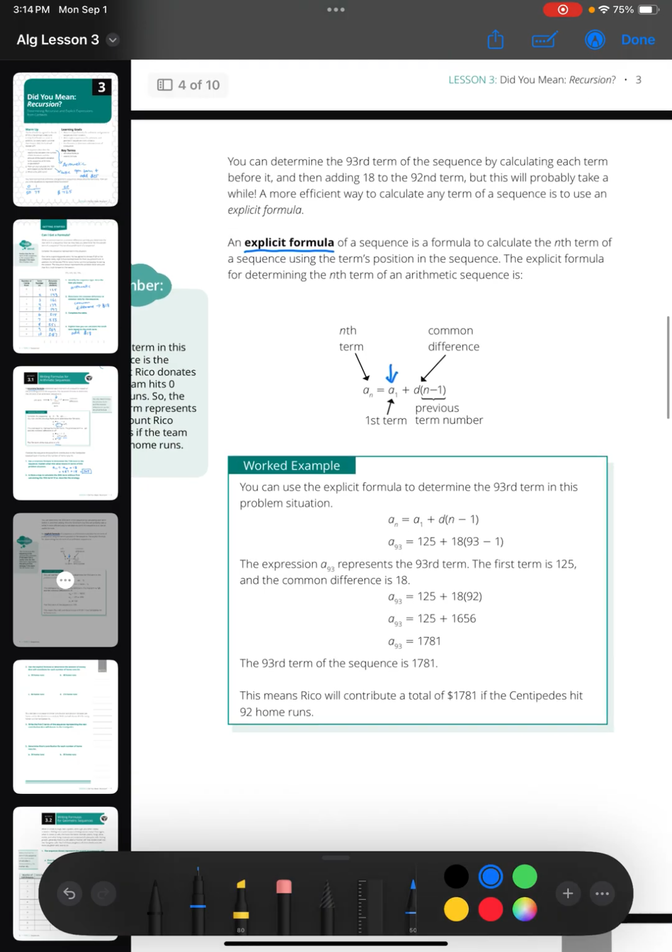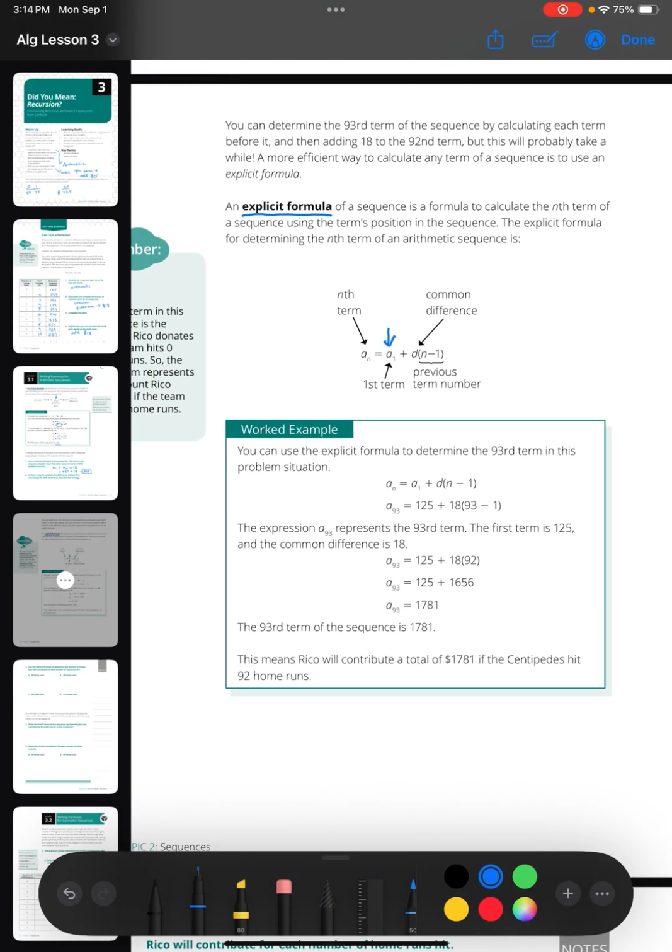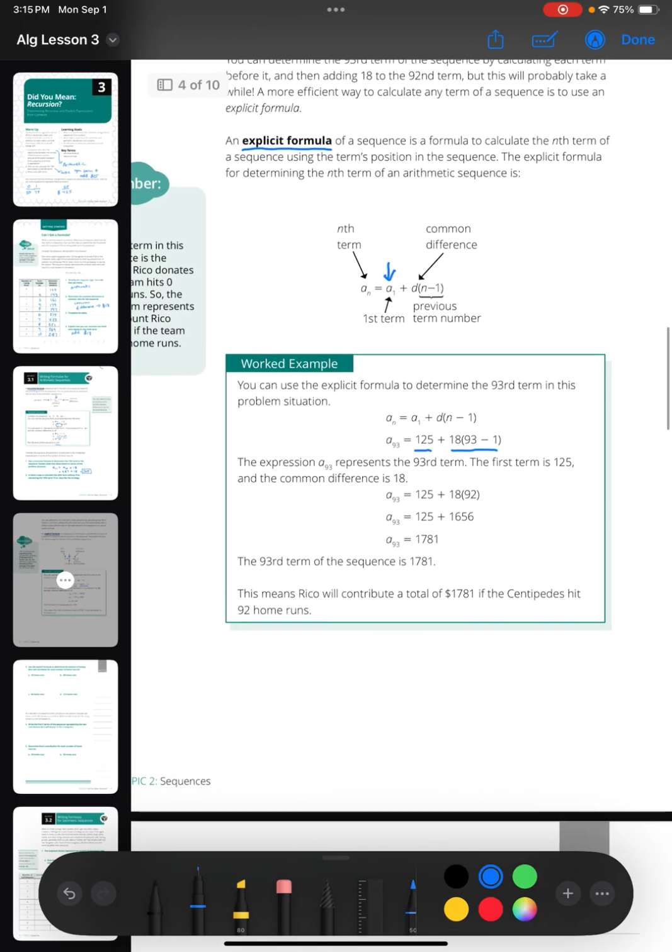So like this example is showing us down here, if we want to use the explicit formula to determine the 93rd term in this sequence, and we're talking about the home run situation, we're going to take the original first value, $125. That was his original donation, remember? And he was going to add 18 to that for each home run, plus 18 that he's adding to each home run, times, we're trying to find the 93rd, so we take 93 minus 1, so times the 92nd term number.